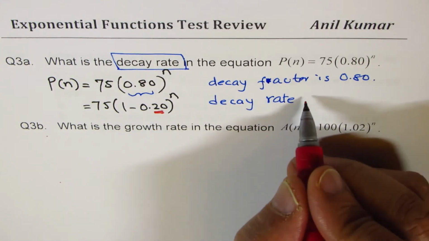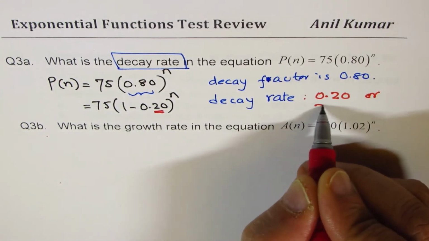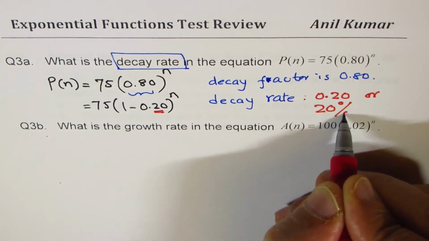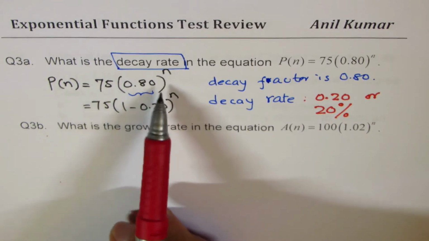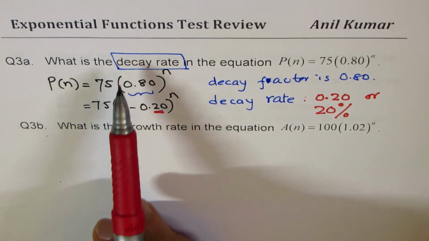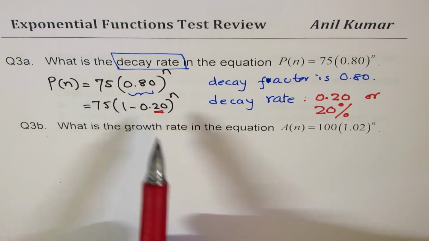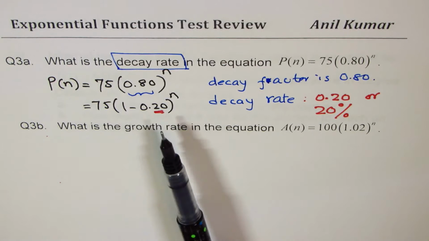Do you understand? So decay rate could be written as 0.20 or 20%. You get an idea. So you have to write this part as 1 minus what? Every time it is decaying at the rate of 20%. That is what it means. I hope that's clear, right?